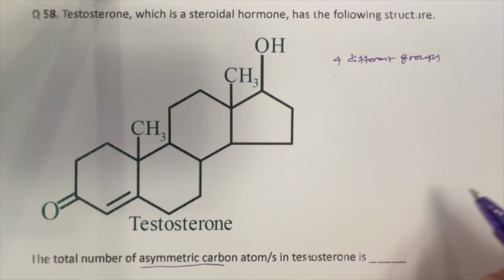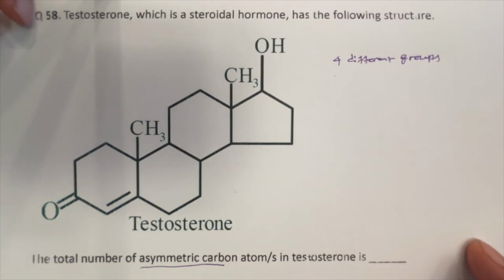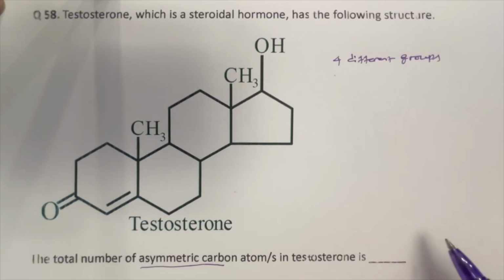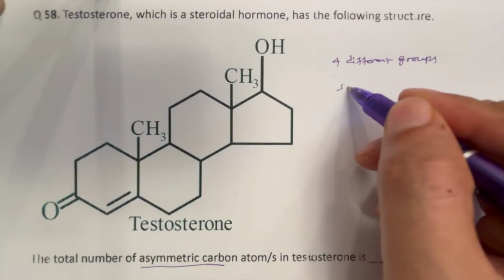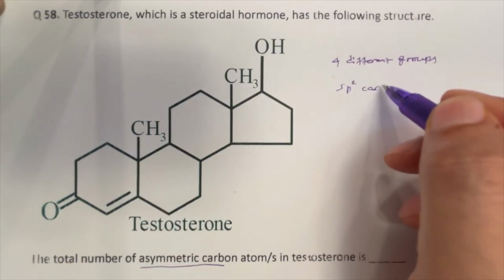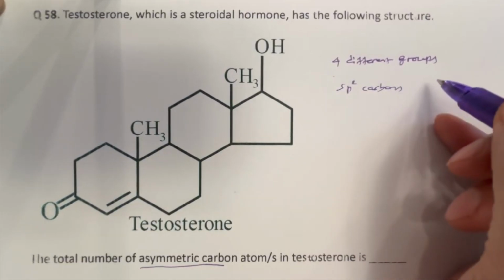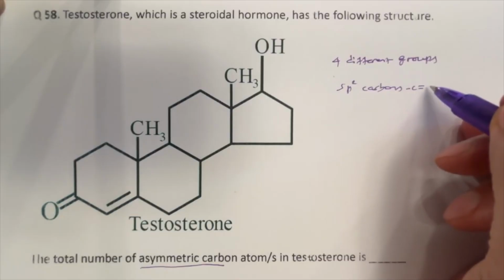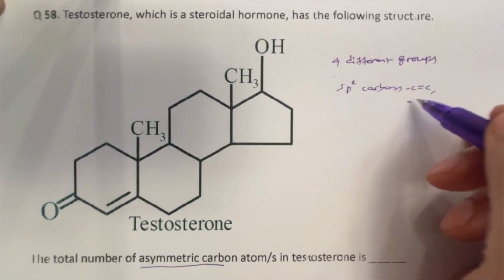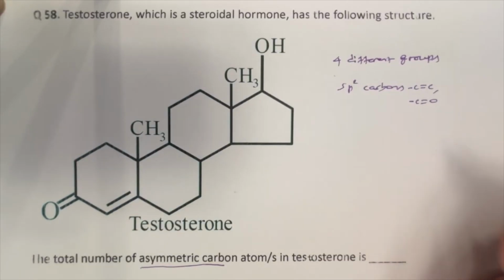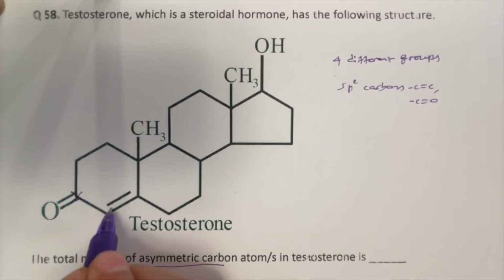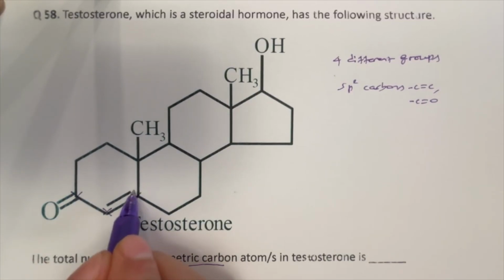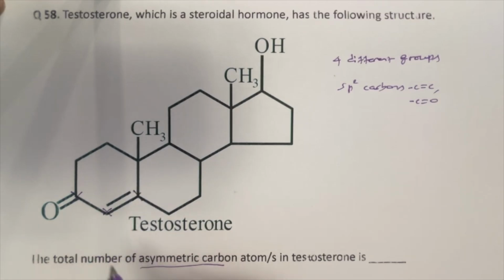So instead of finding the asymmetric carbons, let's eliminate all the carbon atoms that are not asymmetric. So we can eliminate sp2 carbons that are part of a carbon-carbon double bond and carbonyl group. So this means we can eliminate this carbon. This is also sp2. This is also sp2.